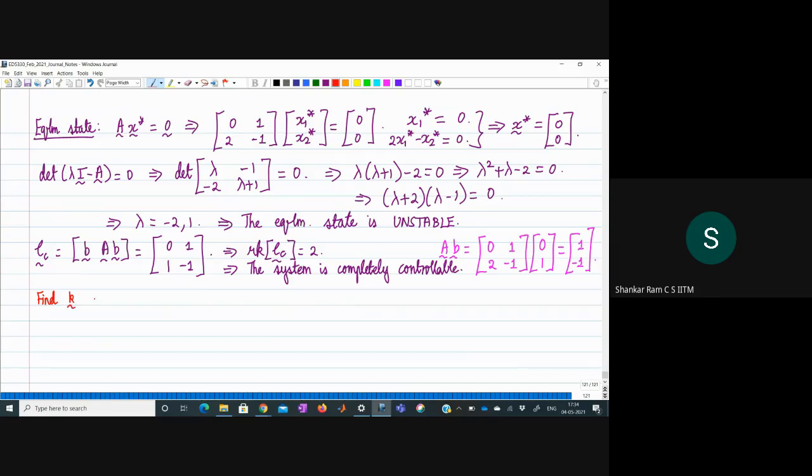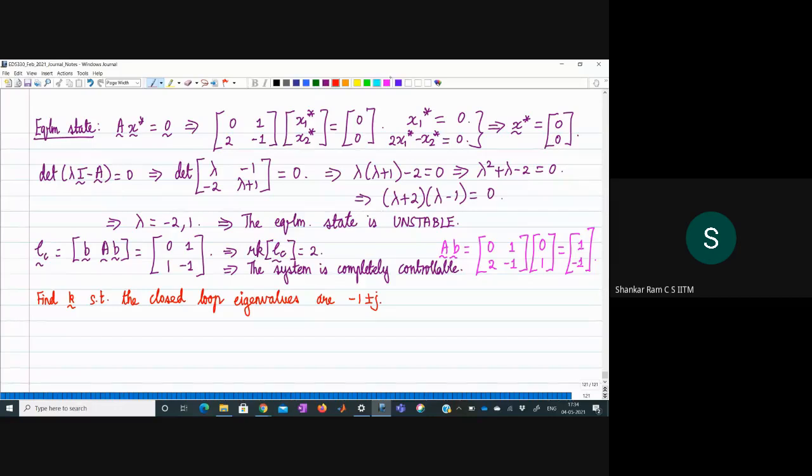So find K such that the closed loop eigenvalues are, of course, s.t. means "such that." So find K such that the closed loop eigenvalues are, let's say once again, minus 1 plus or minus j. Okay, just keep things simple.